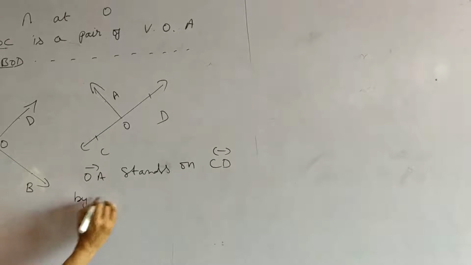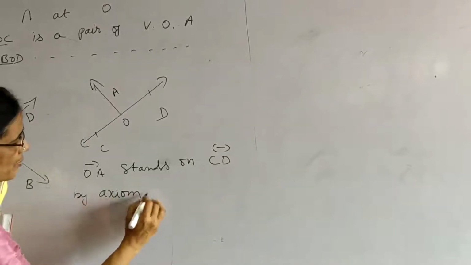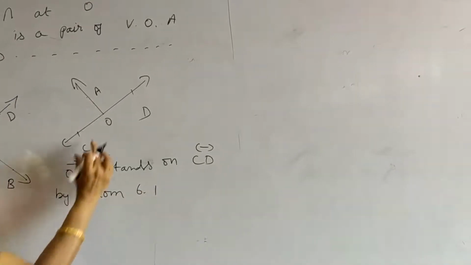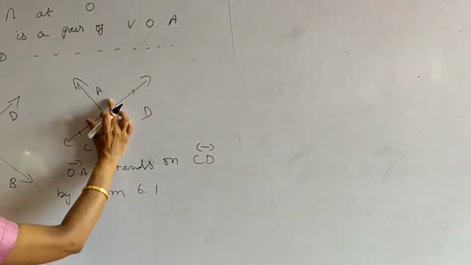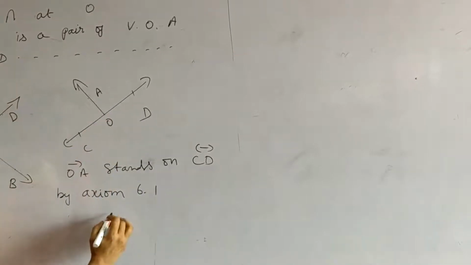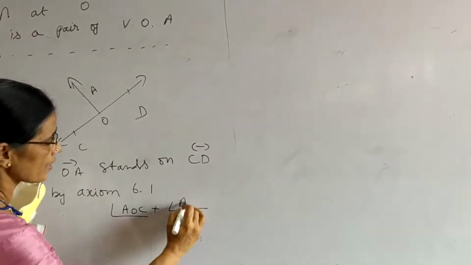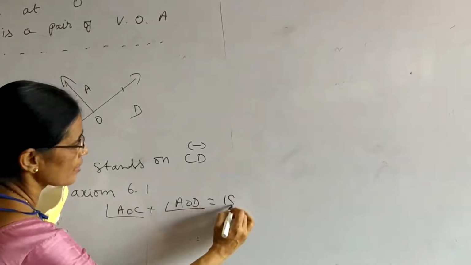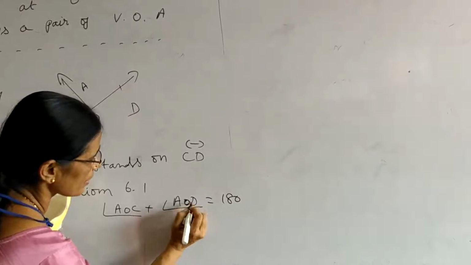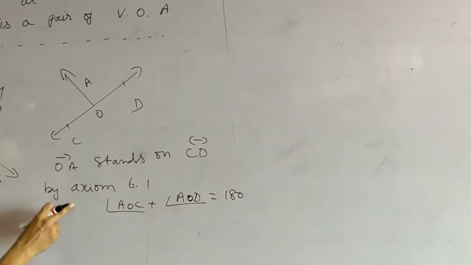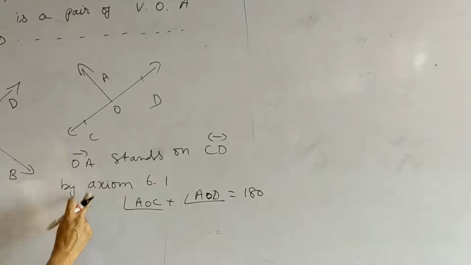So by axiom 6.1, the sum of the adjacent angles are 180 degree. Therefore, angle AOC plus angle AOD is equal to 180 degree. This axiom also we have studied in the previous session.